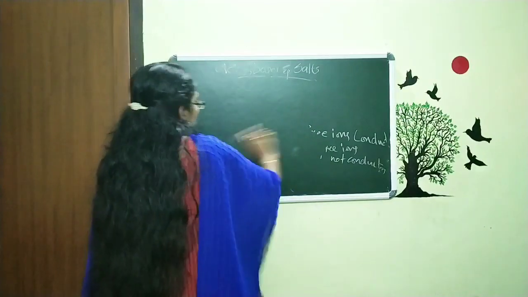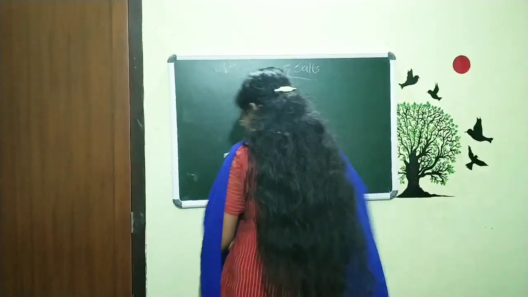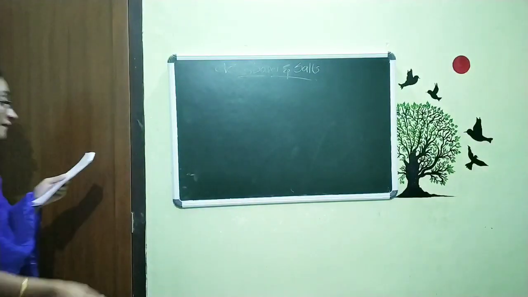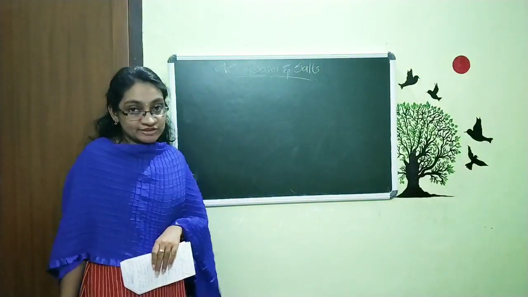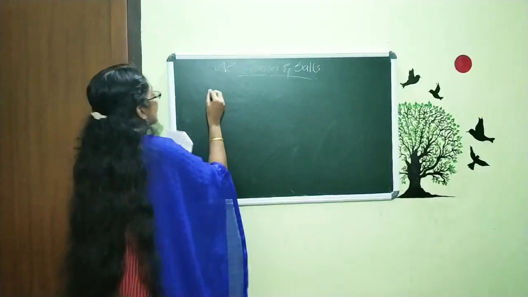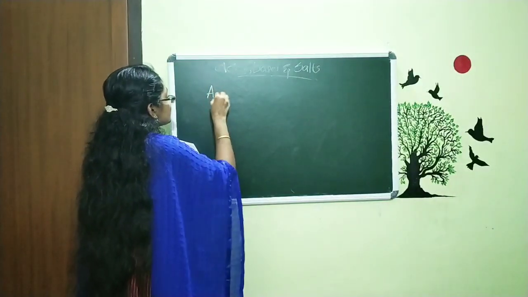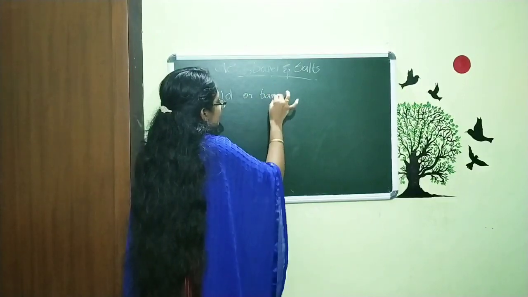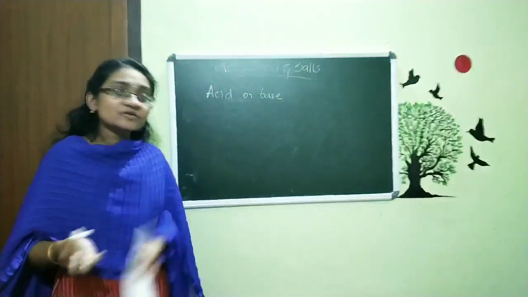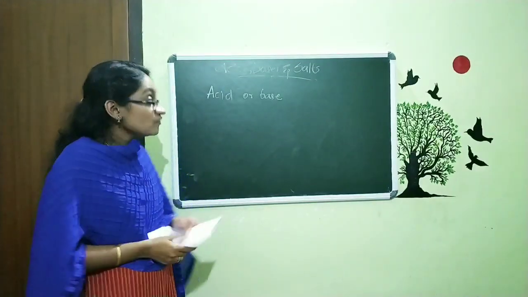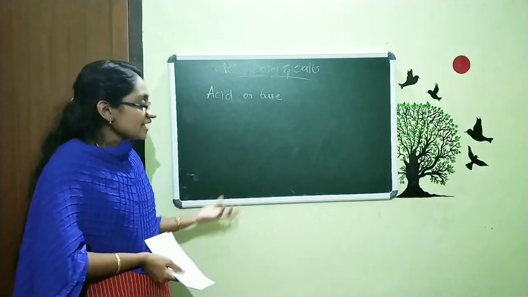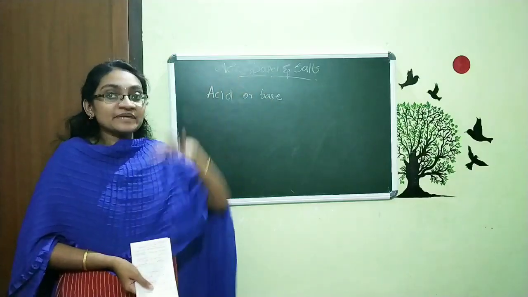Now we are going to discuss the next topic, and that is what happens to an acid or a base in water solution. What happens to an acid or base in water solution means what happens when we mix the acid with the water, and what happens when the base is getting mixed with water.